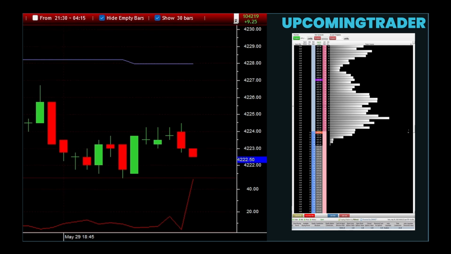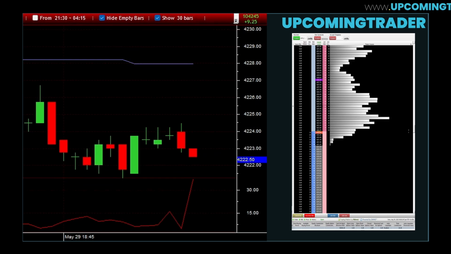Pennants, on the other hand, have a small triangular shape that forms after a steep price movement, similar to a flag but with converging trend lines. Pennants differ from flags in that the price action forms a tighter consolidation, often resulting in a series of lower highs and higher lows that create the triangular shape.